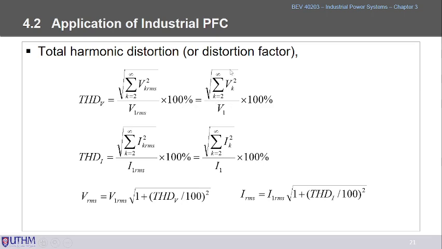Then of course it can be written like this. V1 is the fundamental, and this is the rest, I mean the harmonic contents besides the fundamental. Same for the current here.